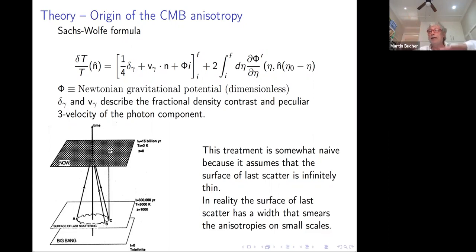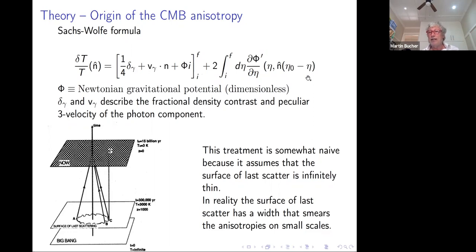But if the depth of the well is changing, then you get such a contribution. I won't talk about gauge and all of that, but by using different coordinates you can make this term go away, but then you'll get other terms that make up for it. If your coordinate system moves with the baryon-photon plasma, then you wouldn't get any Doppler term.